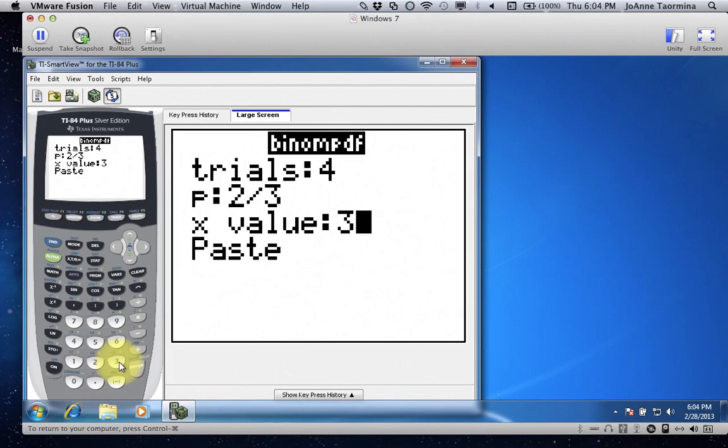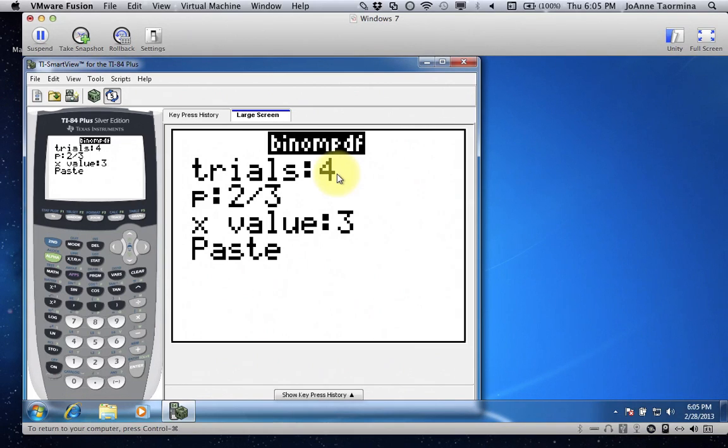So let's try to understand exactly what we're looking for in this question. We are doing something 4 times. We want to know the probability of succeeding on 3 of those 4 times if the probability of succeeding on 1 trial is 2/3. Because of the relationship between the number of trials and the number of successes, s, or x value, can never be more than the number of trials.